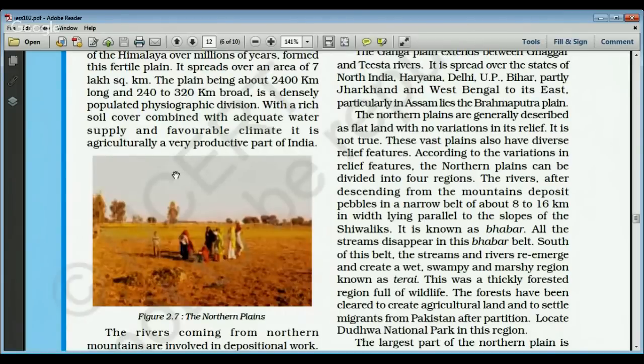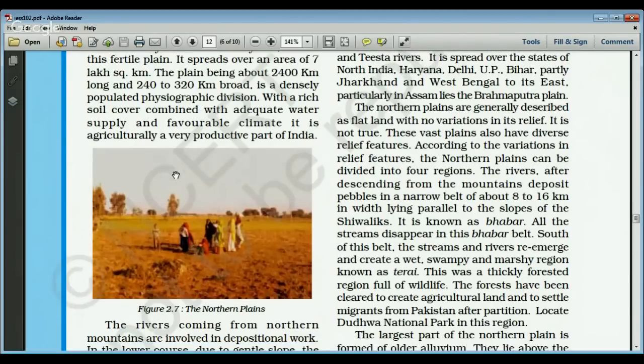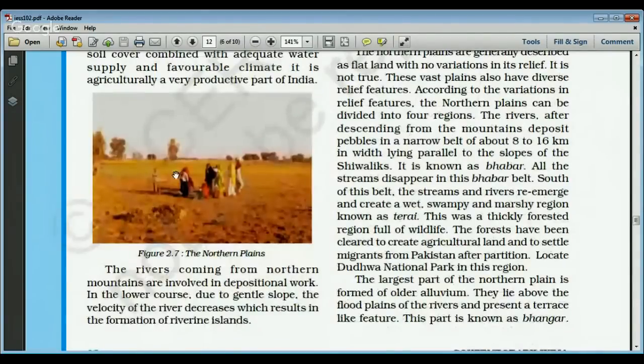It is not true, because there are various diverse relief features in the northern plains also. According to the variations in the relief features, the northern plains can be divided into four regions. The first region is Bhabar, and then Terai, then Bangar, and then Khaddar.